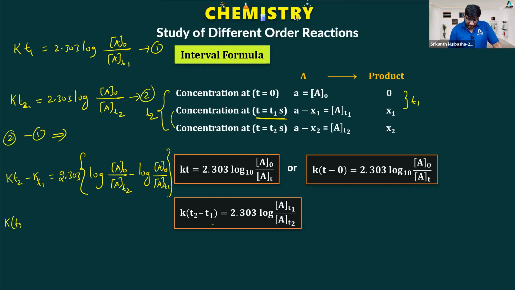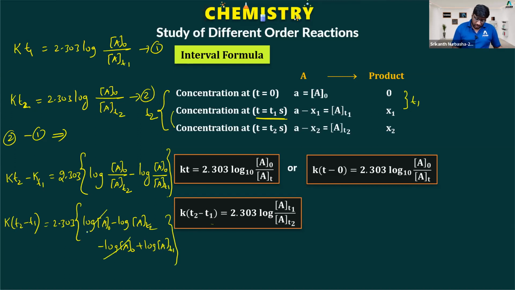K into T2 minus T1 is equal to 2.303 into log A naught minus log concentration AT2, minus log A naught, minus into minus becomes plus log concentration of A at time T1. Here log A naught minus log A naught cancels out. You will get ultimately what? This formula or not?